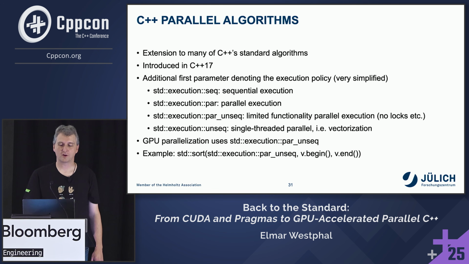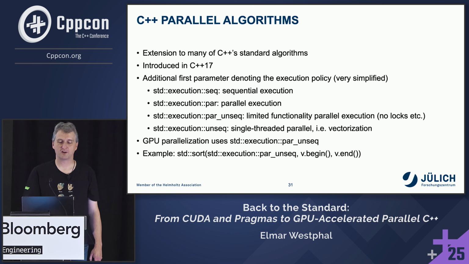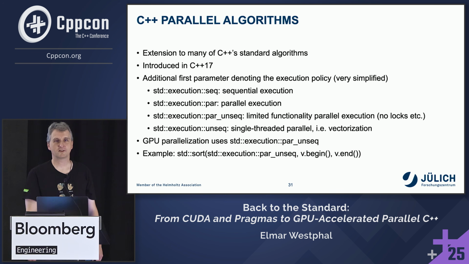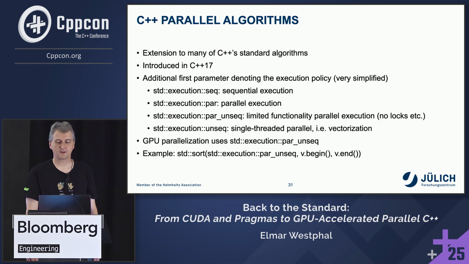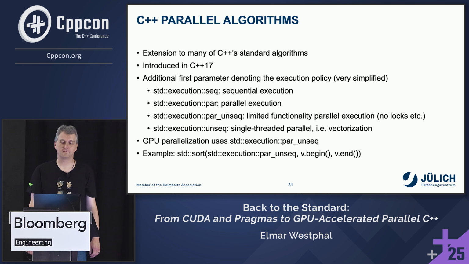And what's interesting for us here is the parallel unsequenced execution, because as we've already heard before, the actual problem is divided into blocks, and these blocks are executed in no given order.